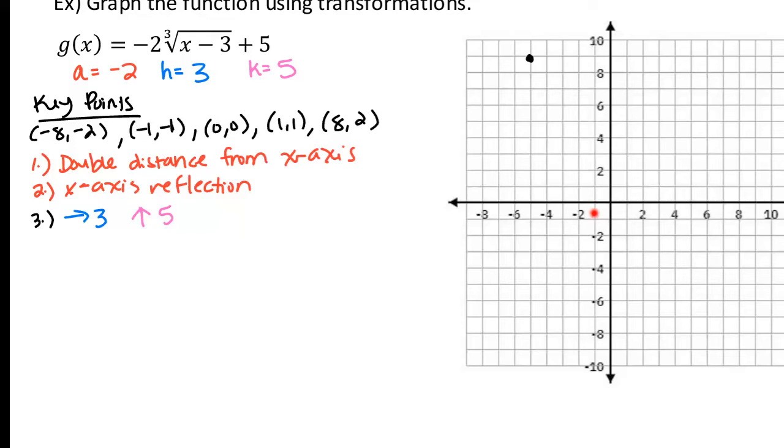So if I double 1, it gives me -2. And then I flip it over to +2, and then go to the right 1, 2, 3 and up 1, 2, 3, 4, 5. So we end up at (2, 7), right there.